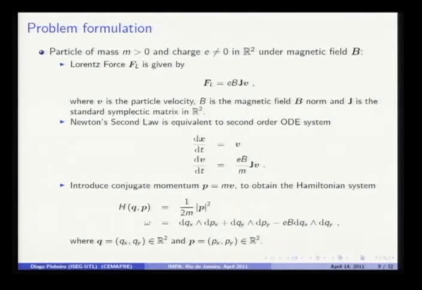Then you can write this as a system of first-order differential equations and introduce the conjugate momentum, P equals mv, the standard momentum, mass times velocity. You end up with a Hamiltonian system with a Hamiltonian function which is only kinetic energy and a non-canonical symplectic form. So your Lorentz force, instead of showing up in the Hamiltonian, shows up as the extra term you see here in the symplectic form.